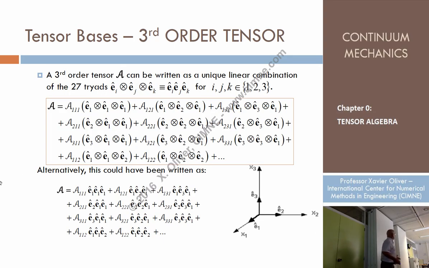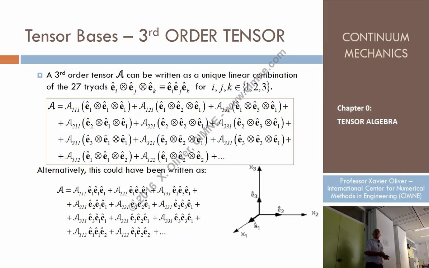So let's do something more complex. Third-order tensor. Now by extension, what would a third-order tensor be? Just grouping the elements of the basis in groups of 3, triads, and how many of them will we have? In this example, 3 times 3 times 3, 27.